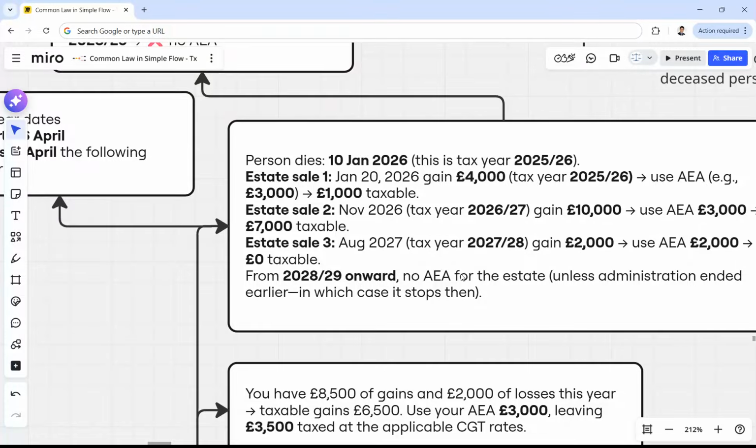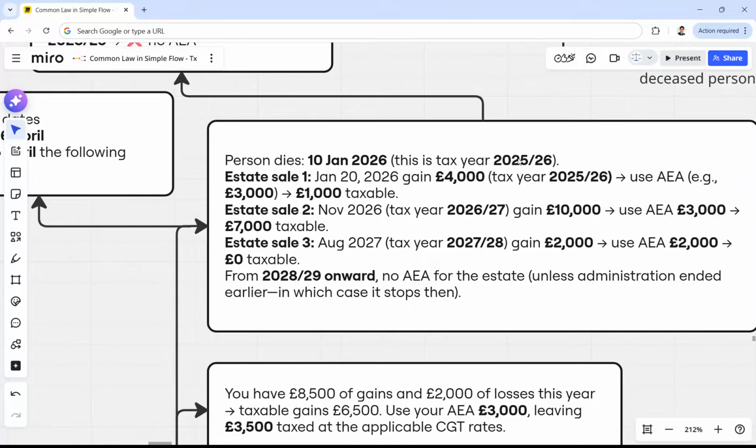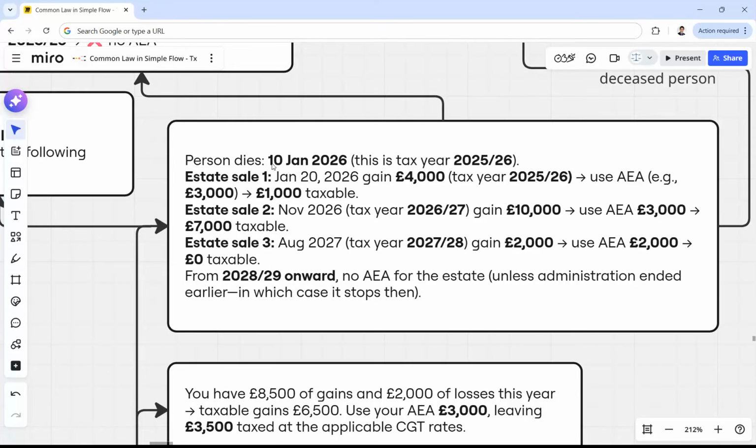So 10th of January is still the tax year of 2025-26, and this is the death year of the deceased. And the first estate sale happens in January. We're still in 2025-26, so we can use this £3,000 and the taxable gain on £4,000 will be only £1,000.